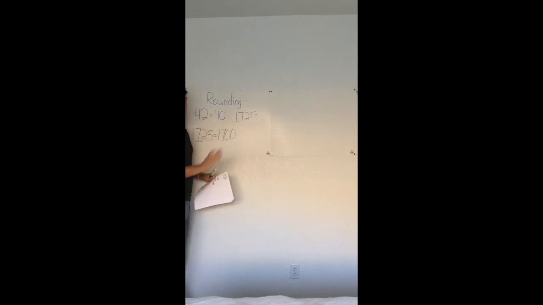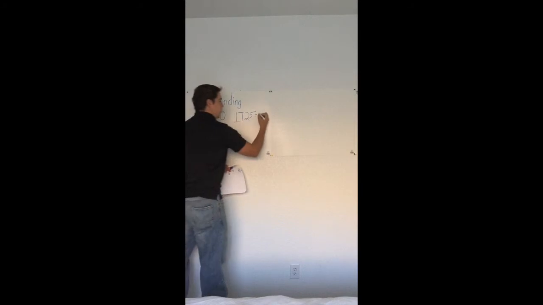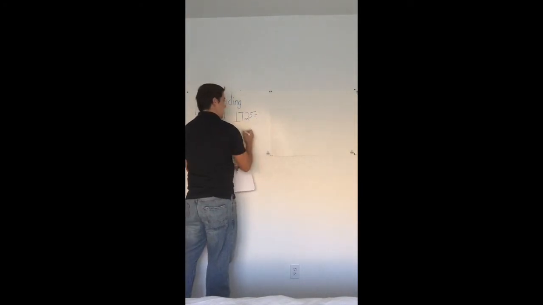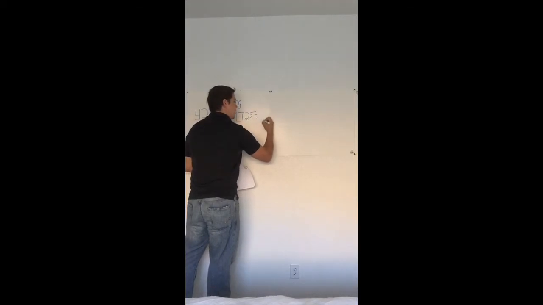It's a 7. Is that at or above 5? Yes, it is. So this number would go up to a 2, and then every number behind it would go to a 0. So rounding to thousands would be 2,000.